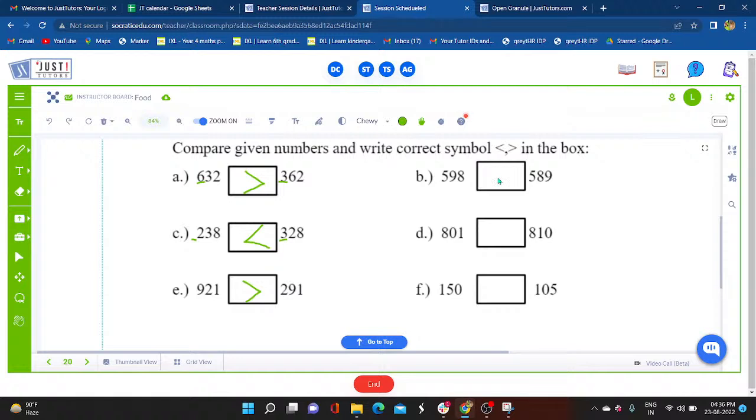598, 589. 589 is smaller and 598 is bigger.